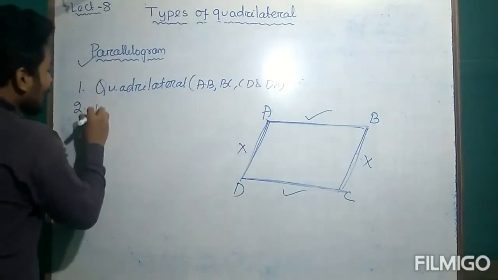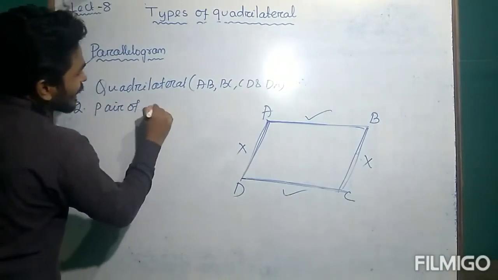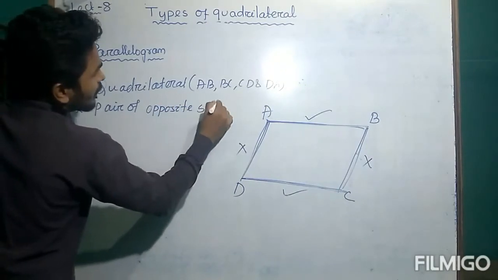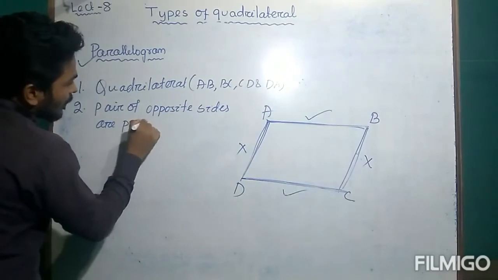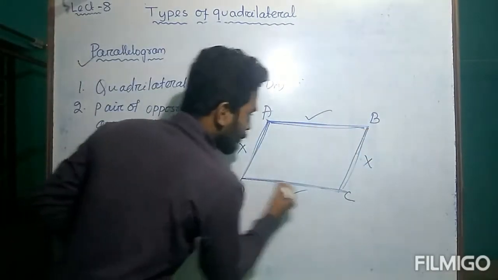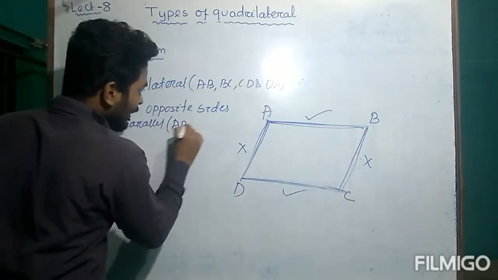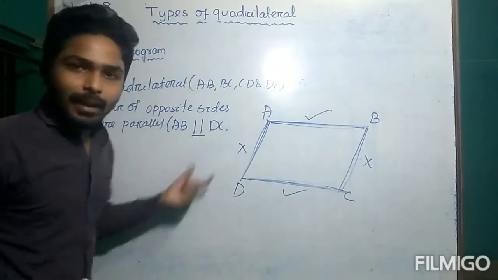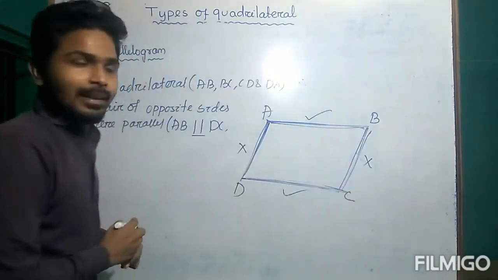So write it: pair of opposite sides are parallel. That means AB is parallel to DC because they are opposite sides. I am writing the symbol of parallel.